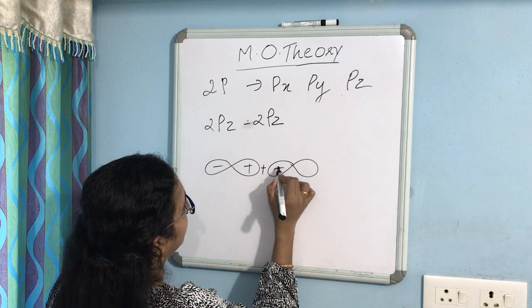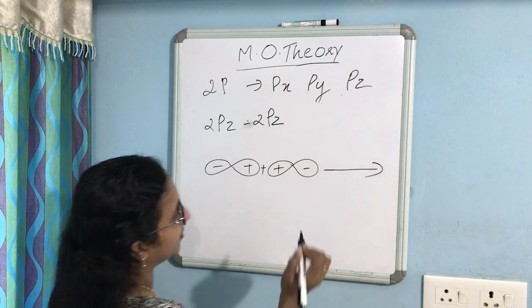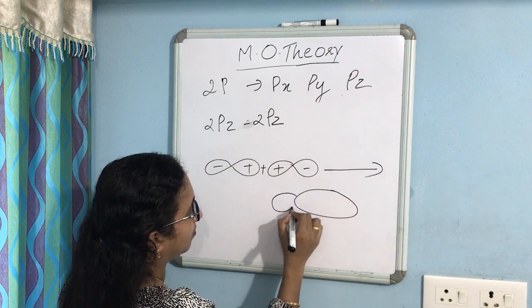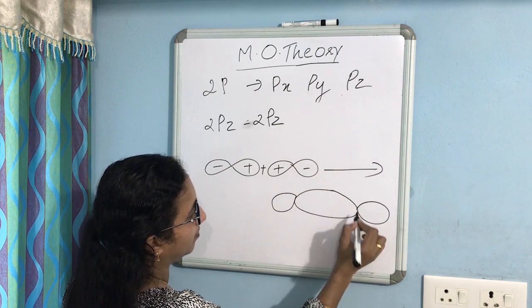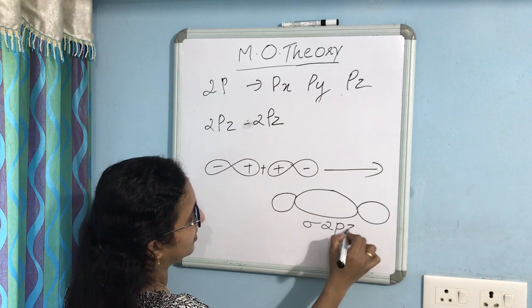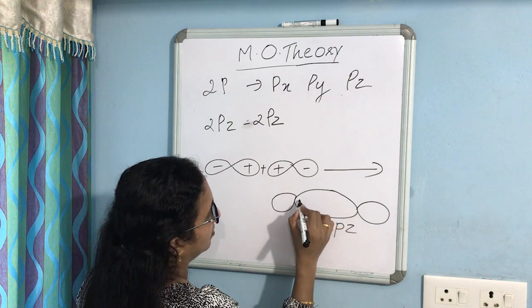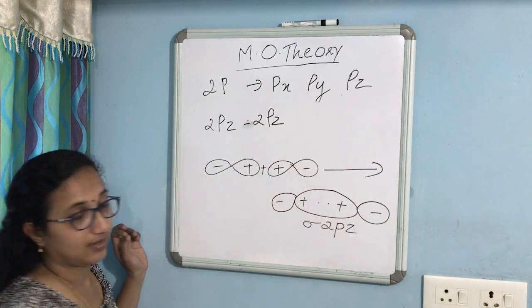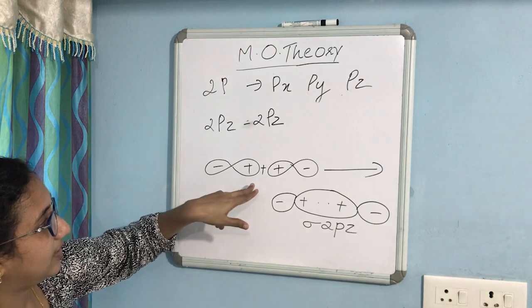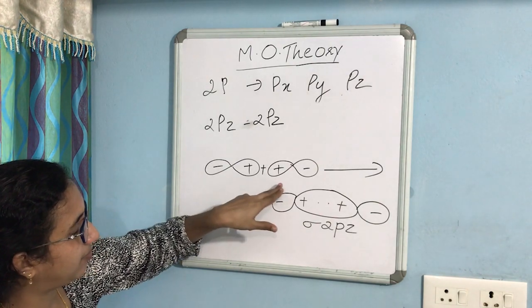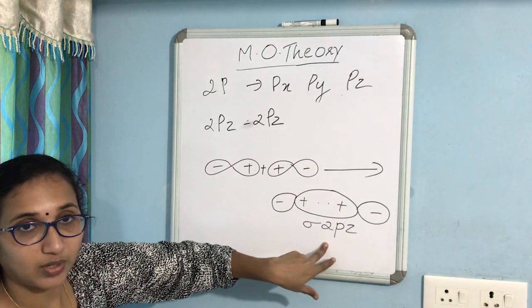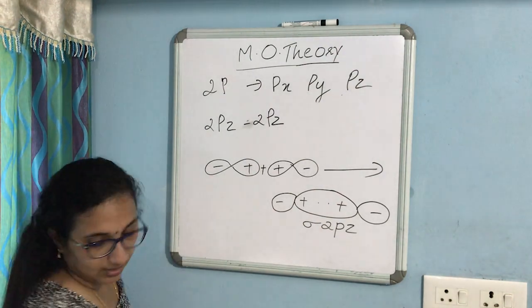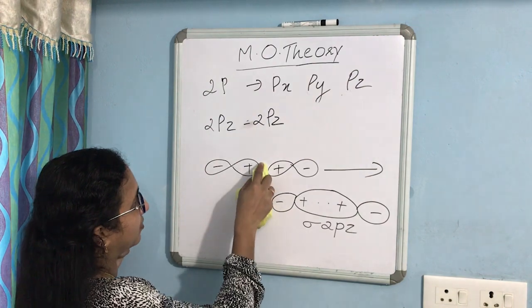They can combine by addition, that is, the atomic orbital wave functions combine by addition to give a bonding molecular orbital which is labeled as sigma 2pz, and they can combine by subtraction.